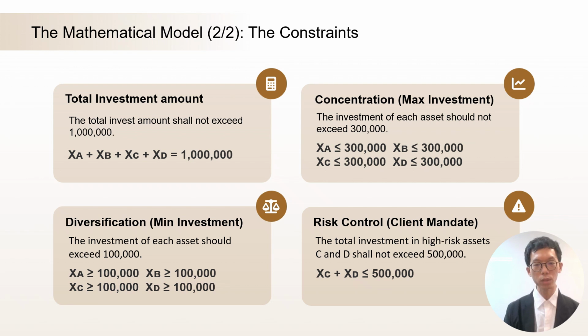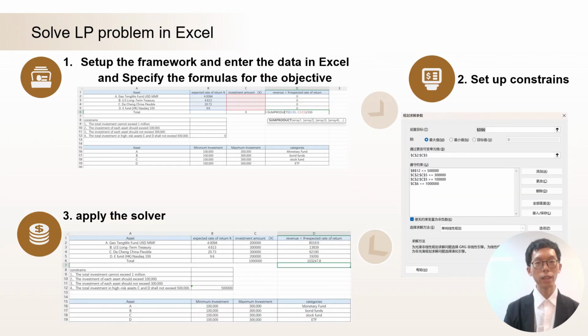We also need to control our risk because our clients need the risk not to be so high. So the amount of money invested in high-risk assets C and D should be less than 500,000. And now we can use Excel to solve this problem.